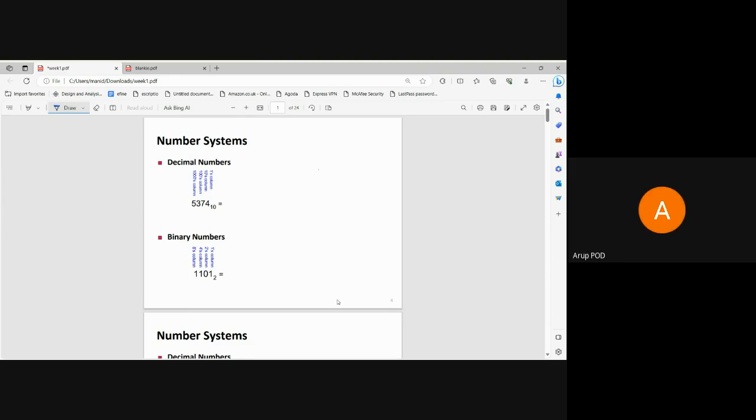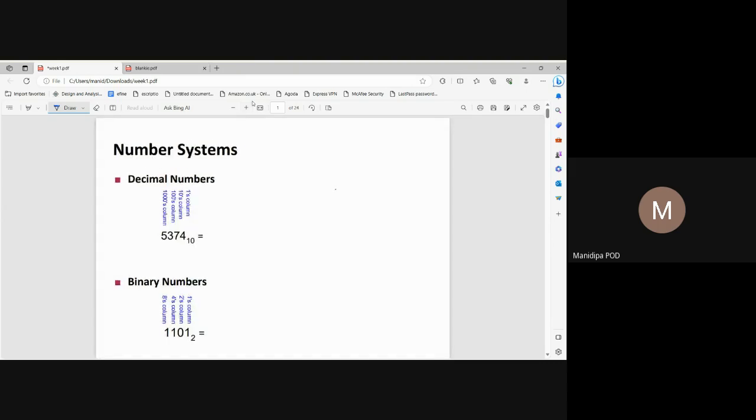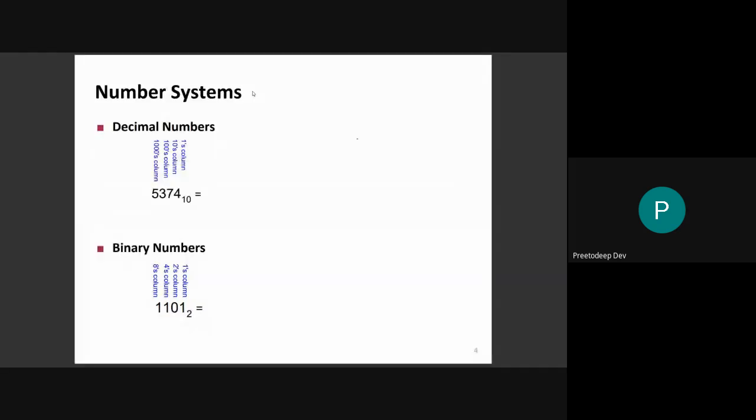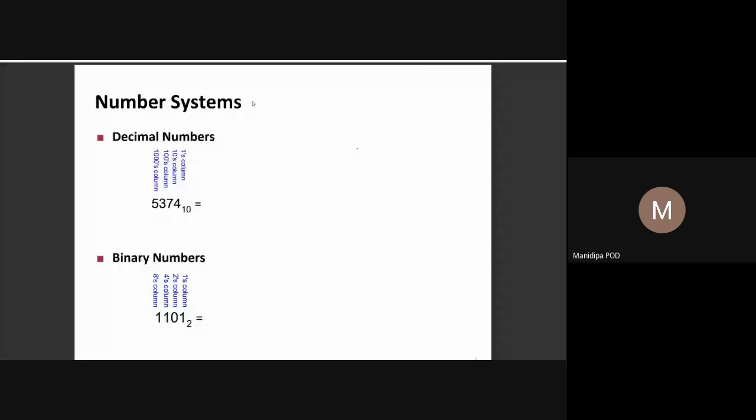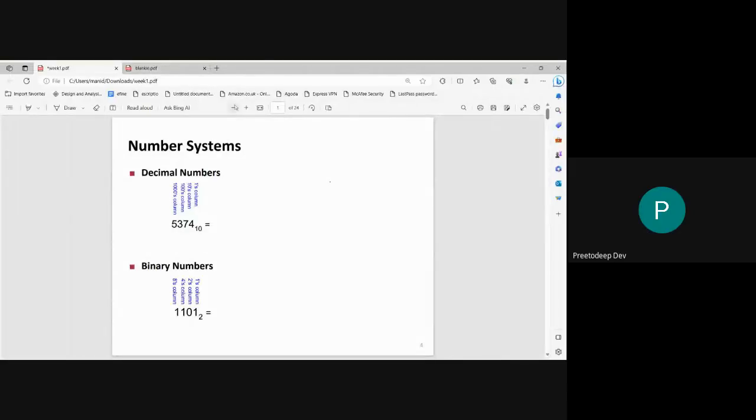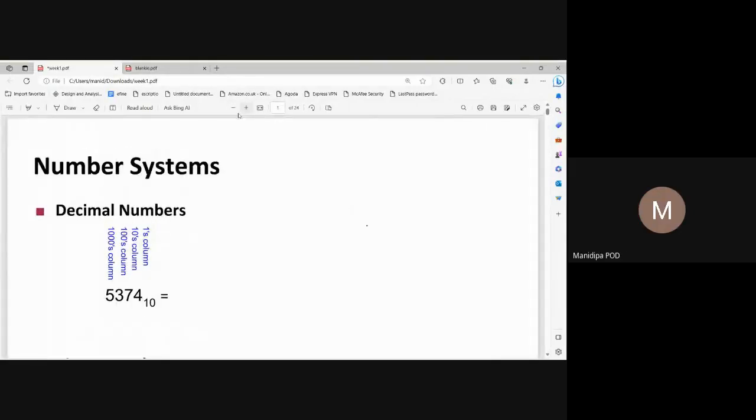Manideepa, if possible, you can increase the size a bit. Okay, sure, sir. Is this okay? Yeah, everybody, it's visible, right? Yeah, it's visible, but it would be better if she goes full screen. There's an option for that, and the extra bars are taking up way too much space. Yeah, this is much better. Thanks. Actually, she can only write on the screen, that's why. Oh, okay. It's fine. Sorry. So this size is okay, I think. Yes, okay.